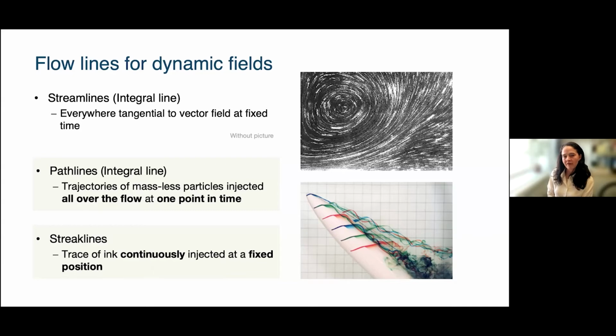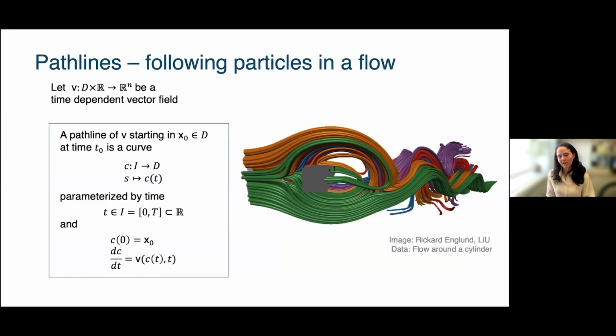In the following, I will only talk further about path lines and try to tell you some of the conceptual difficulties that you might have with path lines. So at first we can look at the definition of a path line.